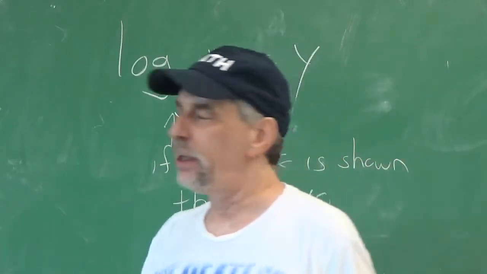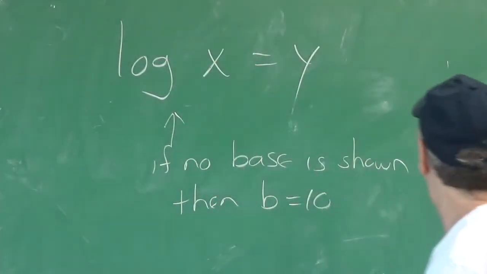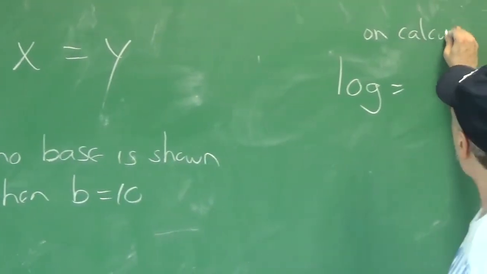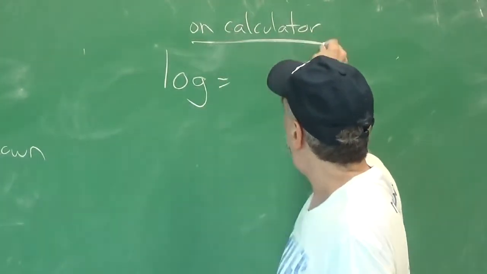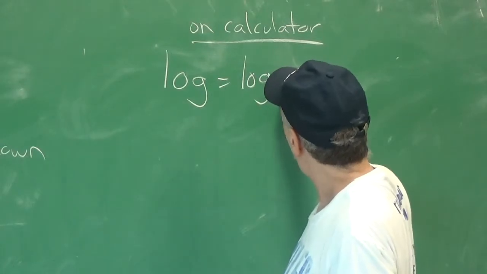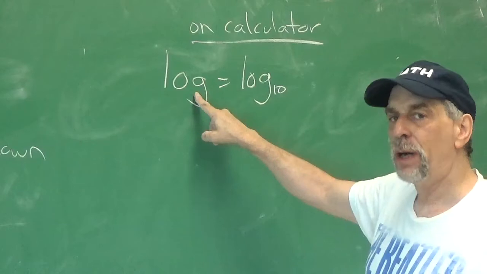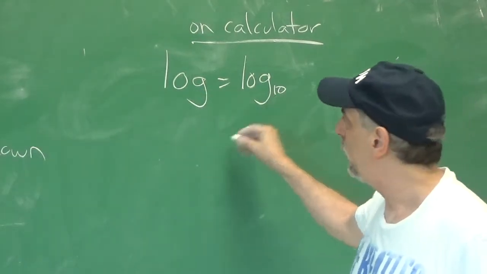Okay, we have two buttons on our calculators to deal with logarithms. LOG on your calculator is log base 10. So when you don't see a base on a log, it's base 10. The LOG button on your calculator is log base 10.